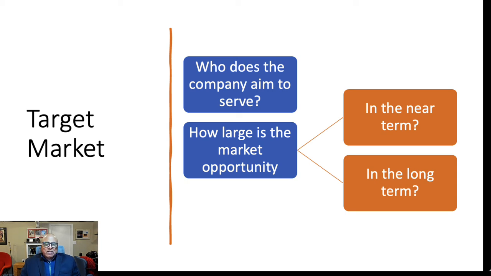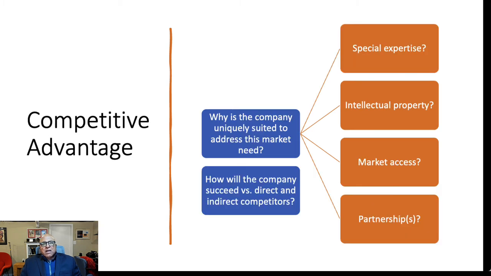It's more important to think in terms of, realistically for this company in the next couple of years, what do we expect to do? What's the size of the opportunity in the next couple of years, and how much of that are we going to get? And then over the longer term, how big is this opportunity generally? That's what we're trying to give the reader a sense of. And then again, we get to this issue of why you?